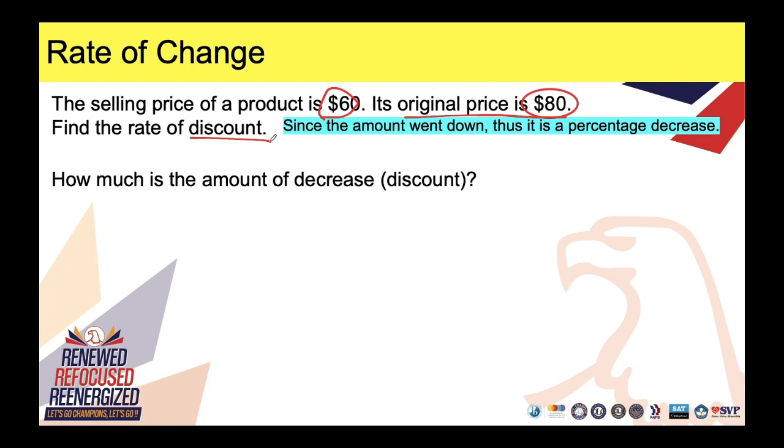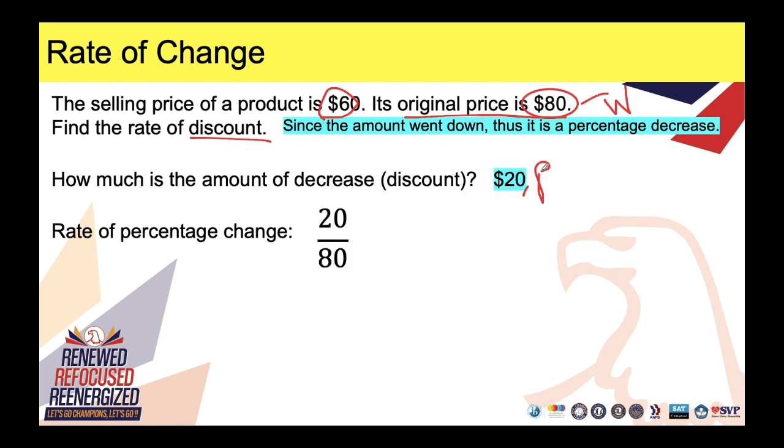The amount that it went down is 20, and the original is 80. So it's the same as asking what percentage of the original is the change, 20. This will be our whole, the original, and this will be our part. This gives us a fraction 20 over 80 times 100%, that gives us 25%. So we say the discount rate is 25%.